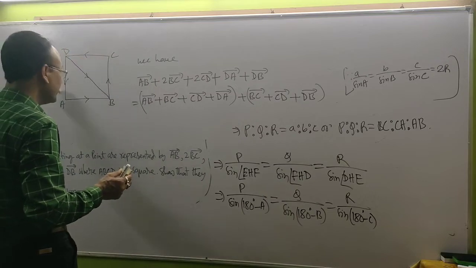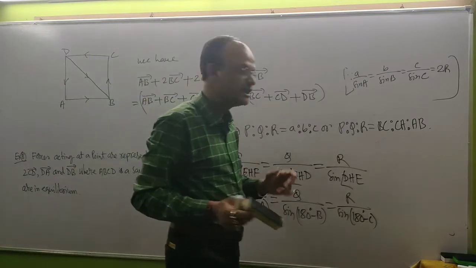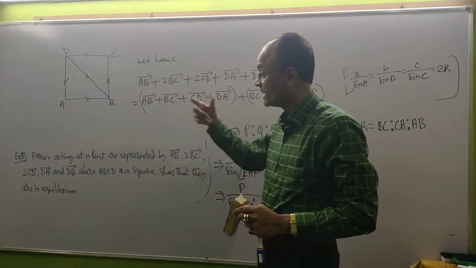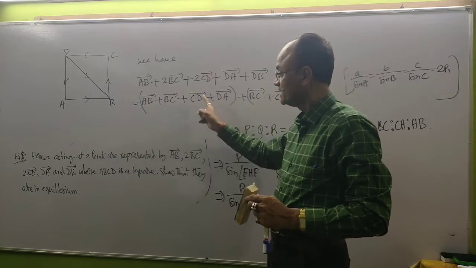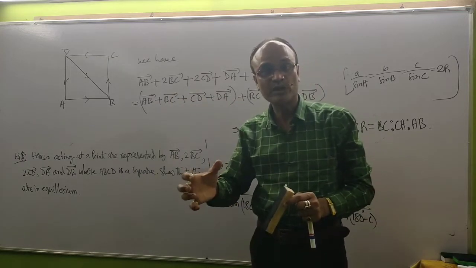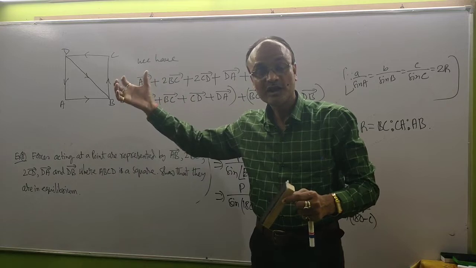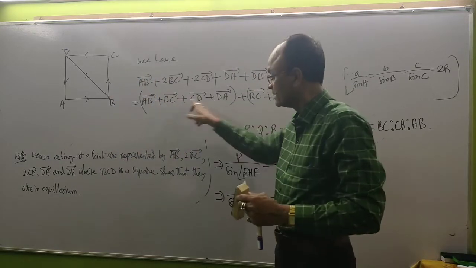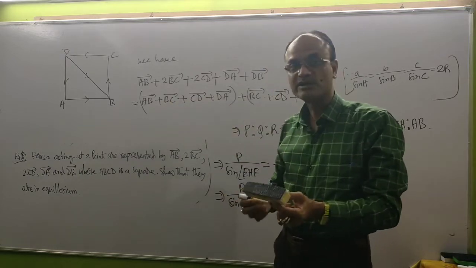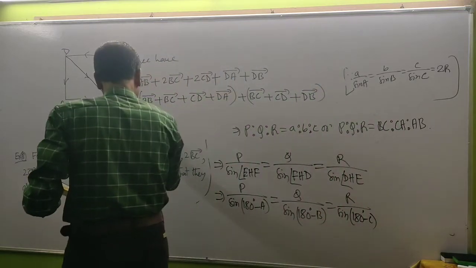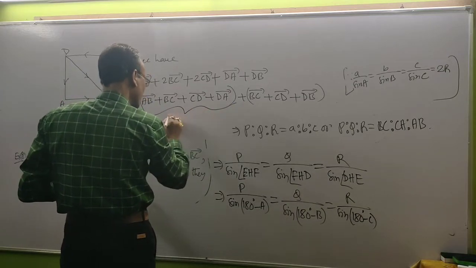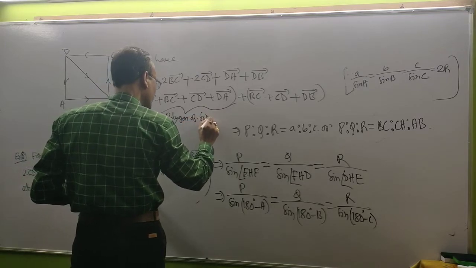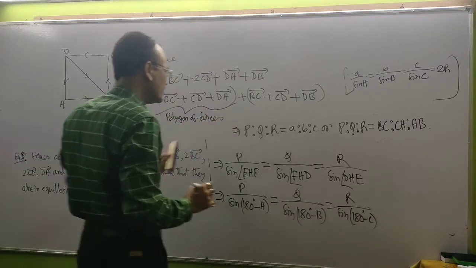These forces acting at a point are represented by AB, BC, CD and DA of a closed polygon. Here it is a closed square taken in order. Therefore, by the polygon of forces, the combined effect of this will be equal to 0.